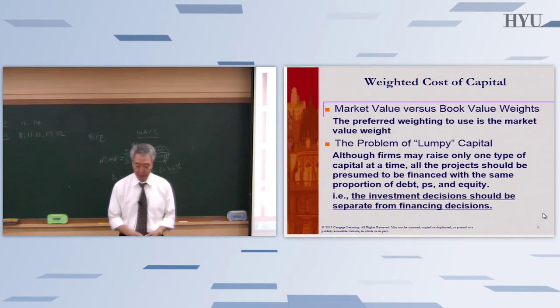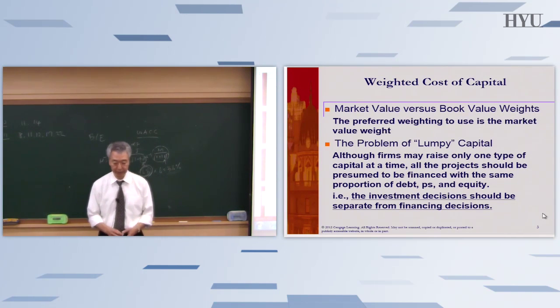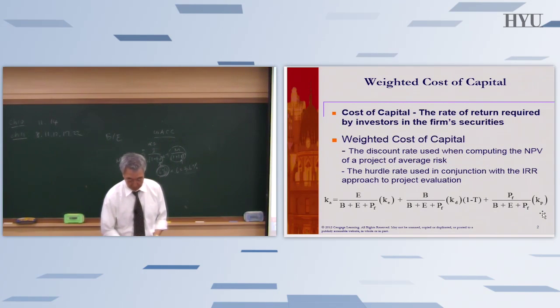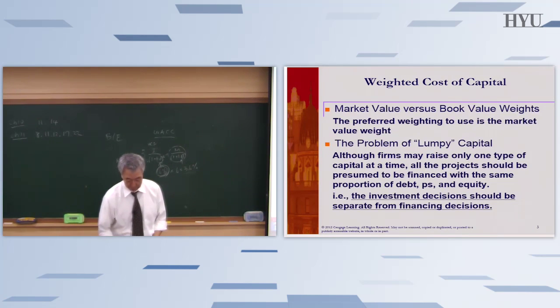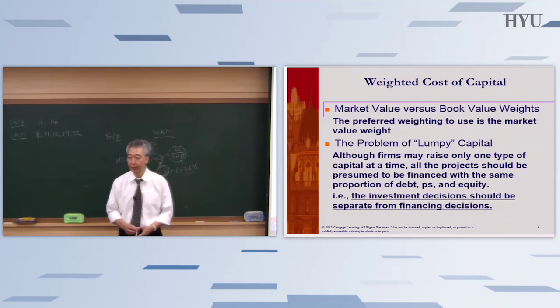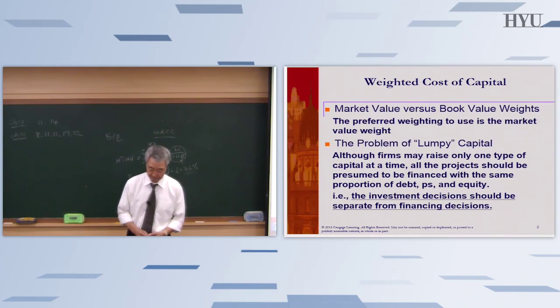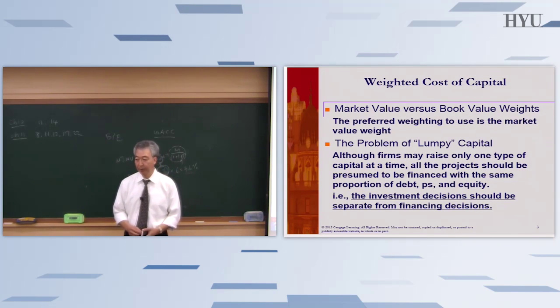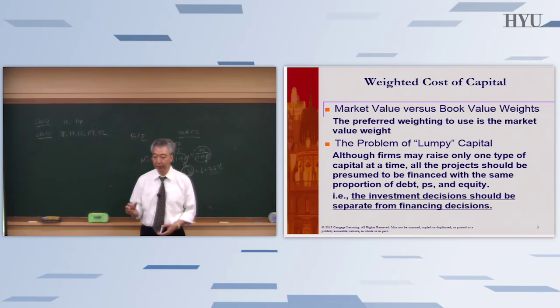There are a few more points for weighted cost of capital. So when we use this formula, going back to this slide, this amount of equity, amount of debt, amount of preferred stock, should we use the market value of those items or the book value of those components? If you're talking about debt, actually, they may not be that different.